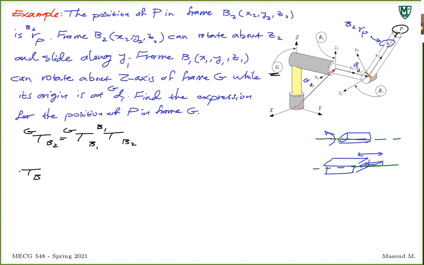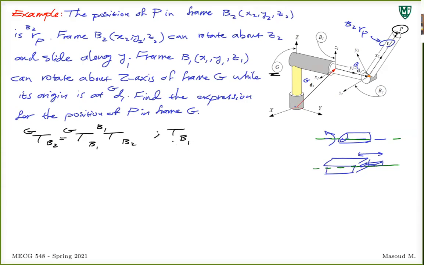Right, and this is straightforward. T B1 G again. This problem is not really looking into exact values. It's just asking you to come up with the general expression. So I can just write it as R B1G, and then D1G, and 0 and 1.